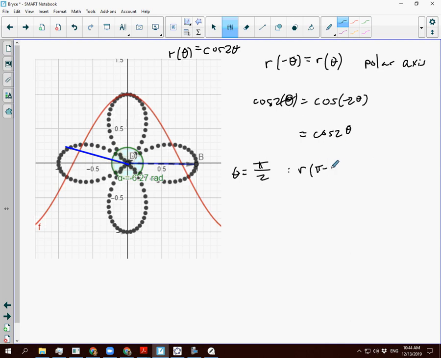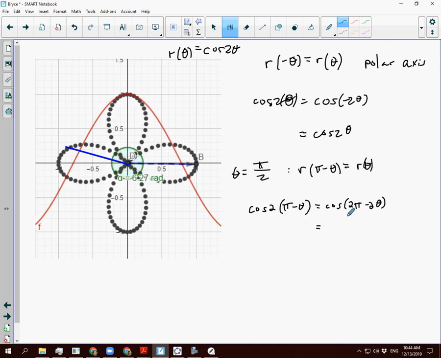So the test is that r of pi minus theta has to equal r of theta. So we're going to replace cosine of 2 theta with cosine of 2 times pi minus theta. And that's the cosine of 2 pi minus 2 theta.